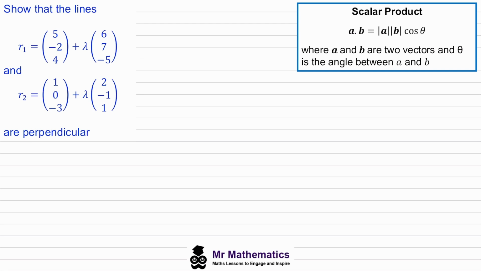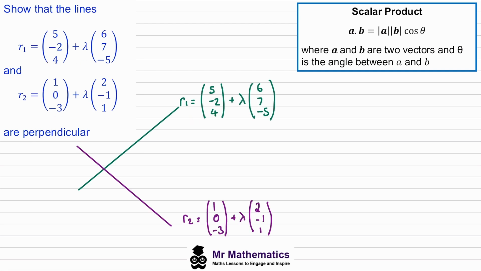In example 1, we're told we have two lines, R1 given here and R2, and we've been asked to show that they are perpendicular. So if I draw a quick sketch of these two lines, we have R1 given here and R2, and if they're perpendicular, then the angle between them, from this angle here, will be 90 degrees.